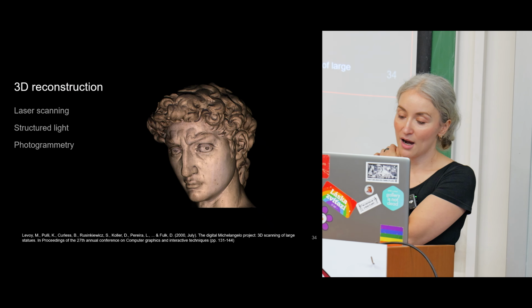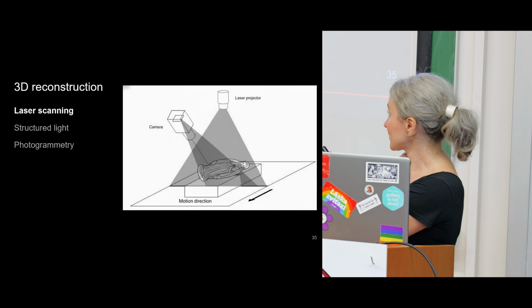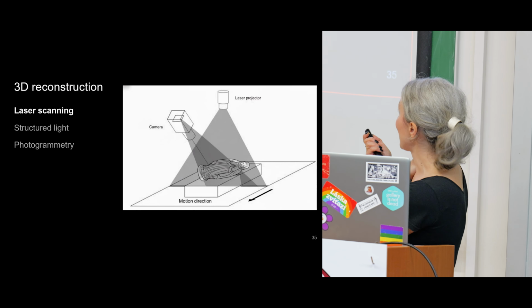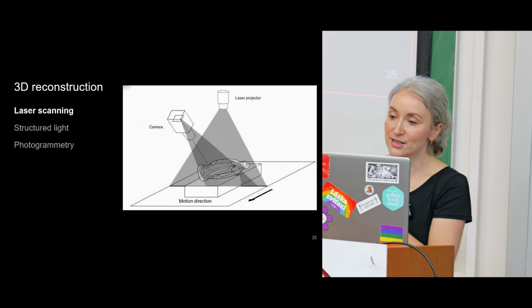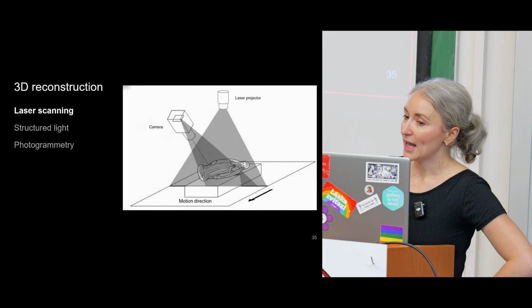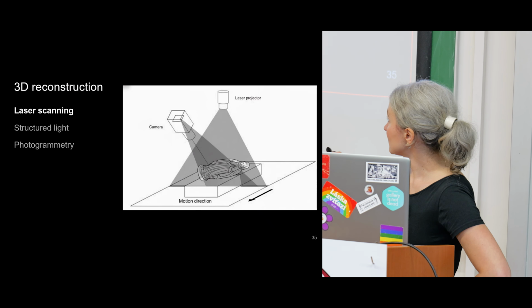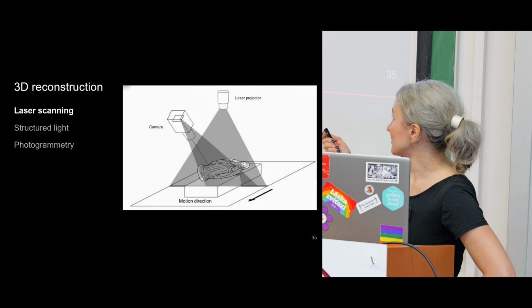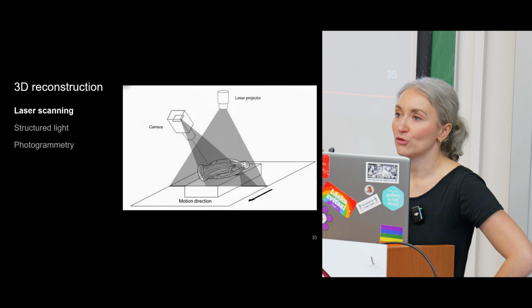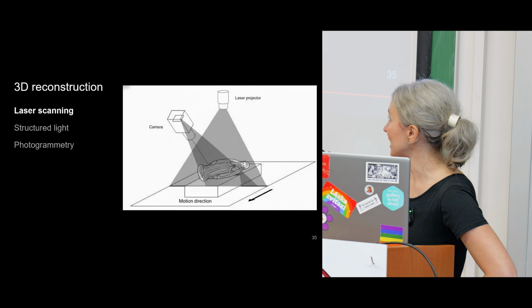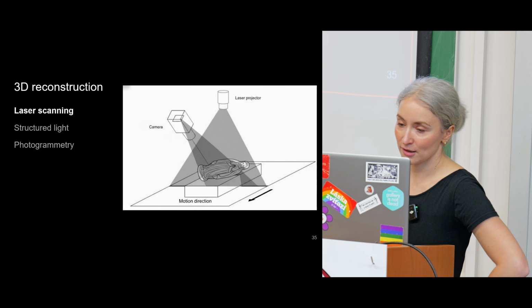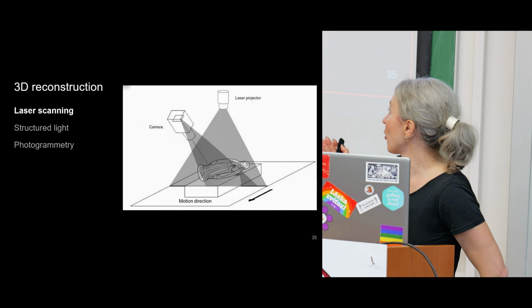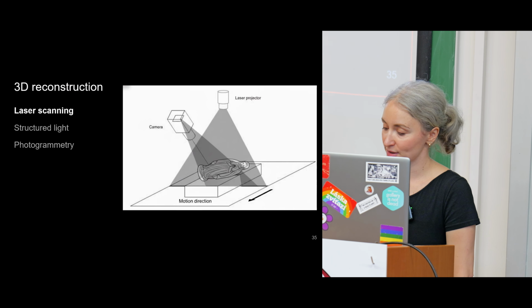They used laser scanning, which acquires geometry by directing a focused laser beam over the object surface and recording either the angle of reflection or, in some cases, a time delay of the return signal in the time-of-flight manner. And this produces dense, metrically accurate point clouds, often with sub-millimeter precision.